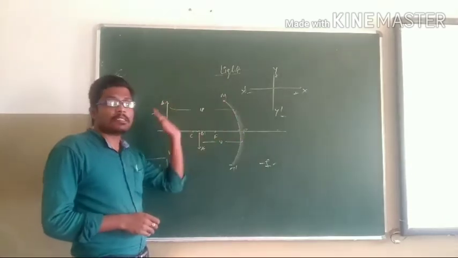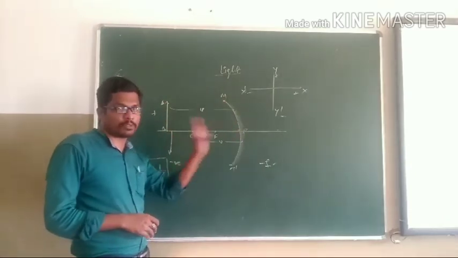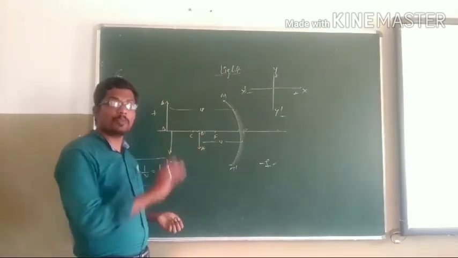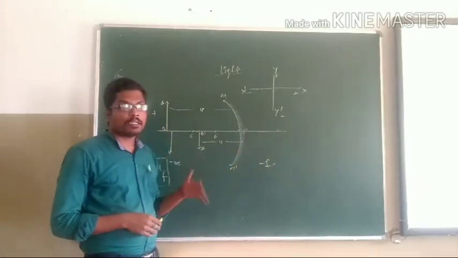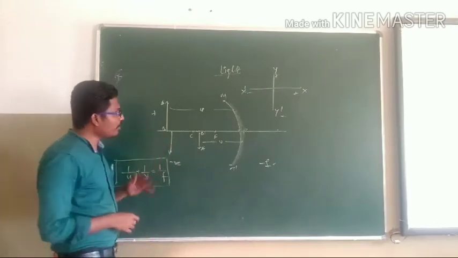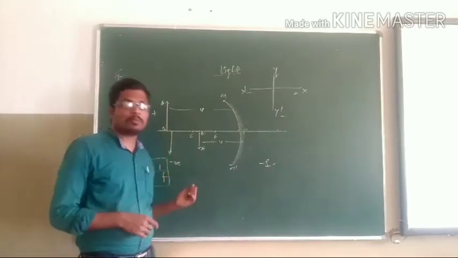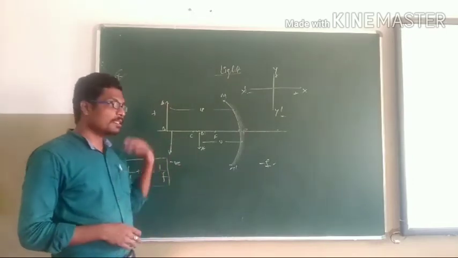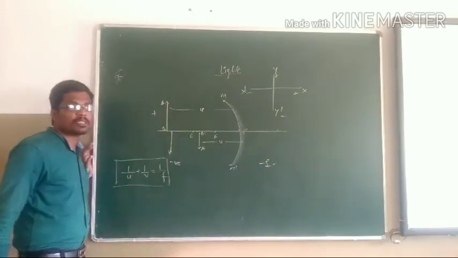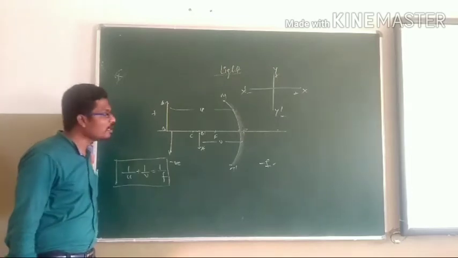It means the center of curvature is towards the left. If it is given in positive, it means the center of curvature is towards the right. If the object height is given in negative, it means it is below the principal axis. If it is given in positive, then above the principal axis. These are the sign conventions which we have to use very carefully.